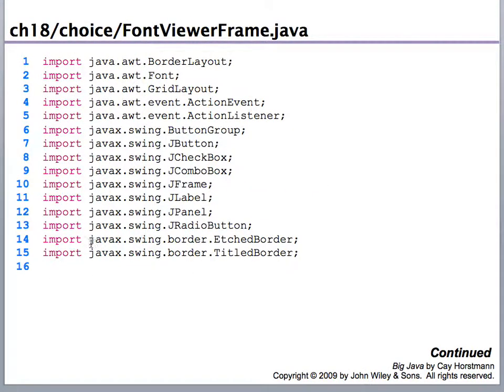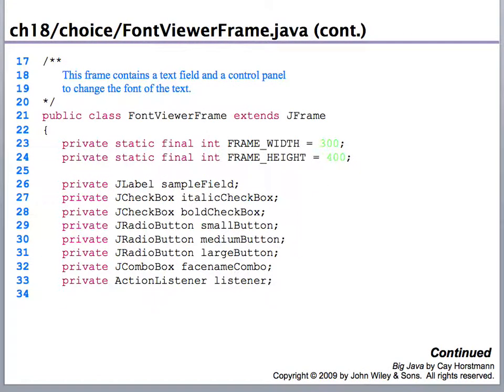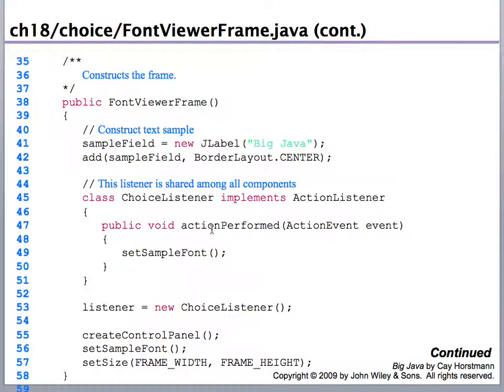And the FontViewerFrame extends JFrame, creates the different components in the constructor, creates the label, adds it to the center, and then creates a ChoiceListener which implements an ActionListener for all the components, and then the actionPerformed.